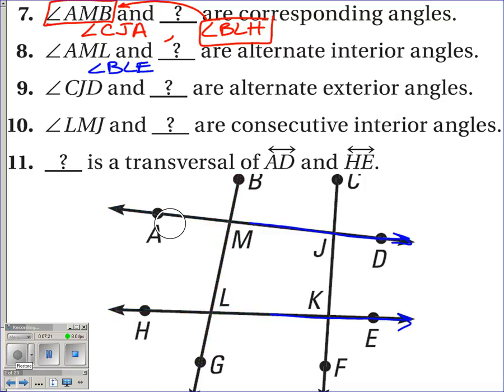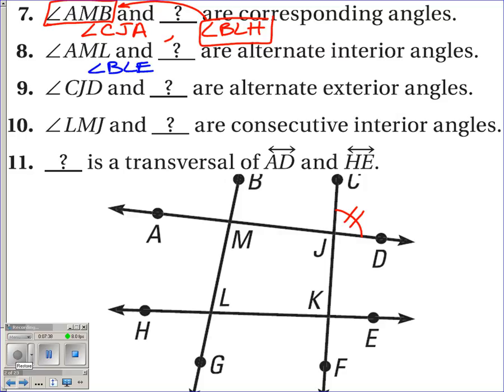For this one, it's asking for alternate exterior angles. Well, the original angle is CJD, so I'm going to mark it over here. There's CJD. Well, it's got to be alternate exterior.